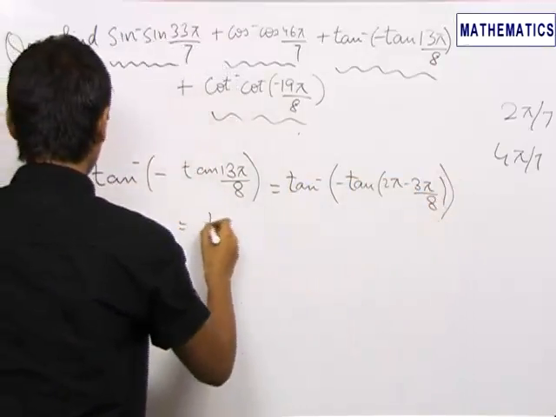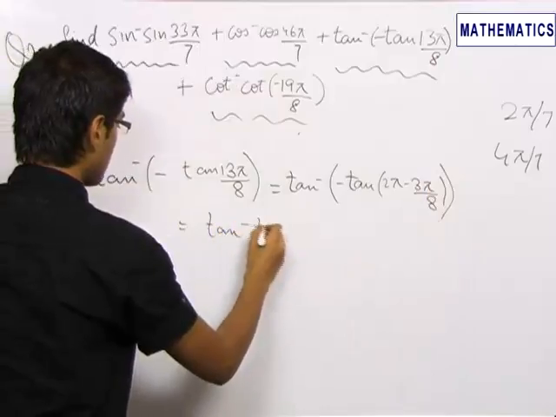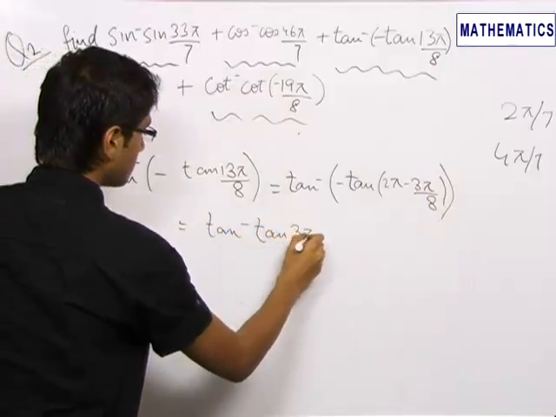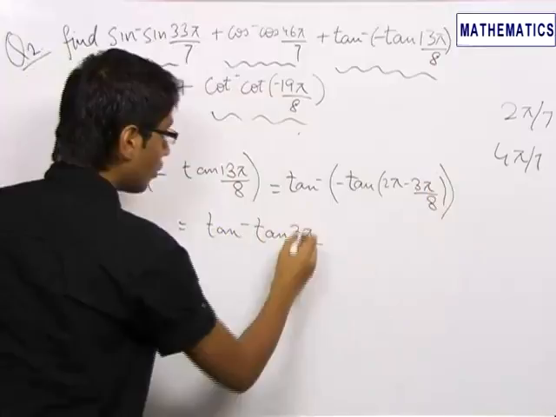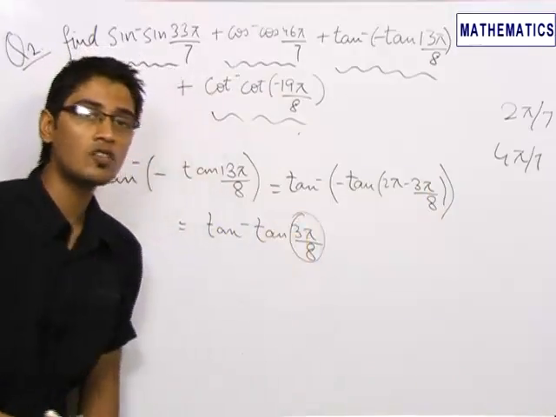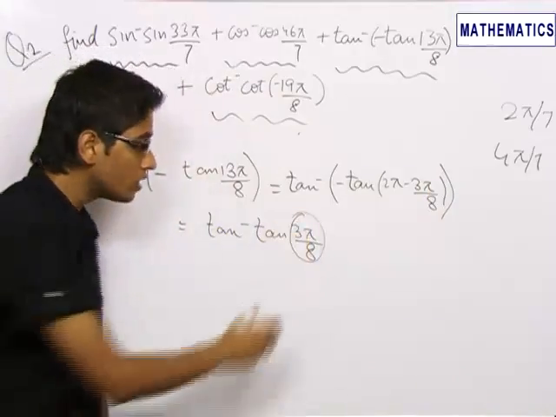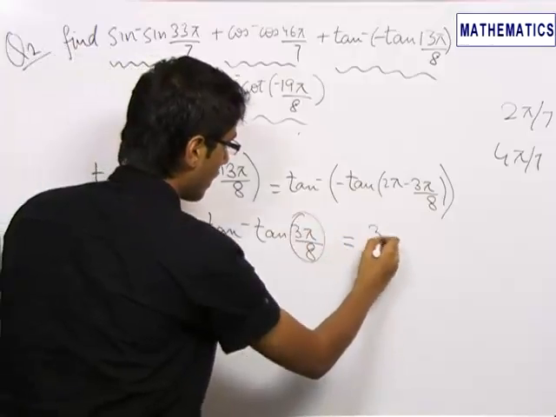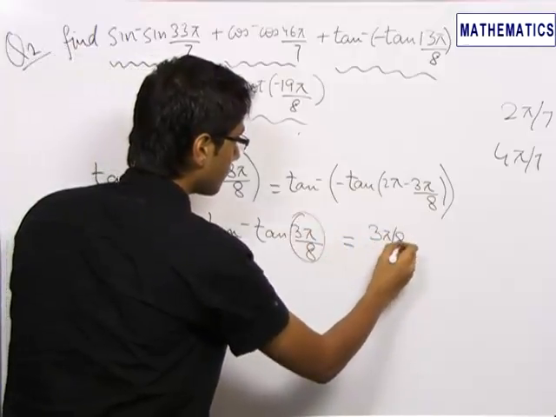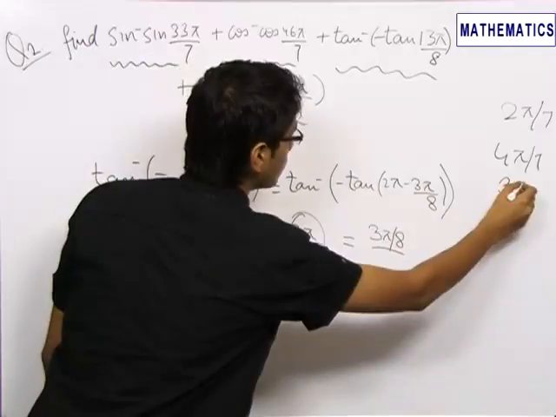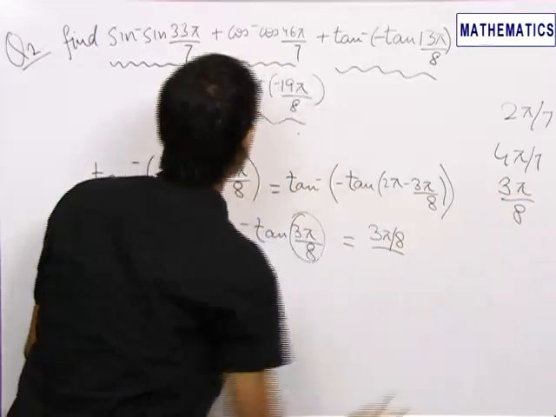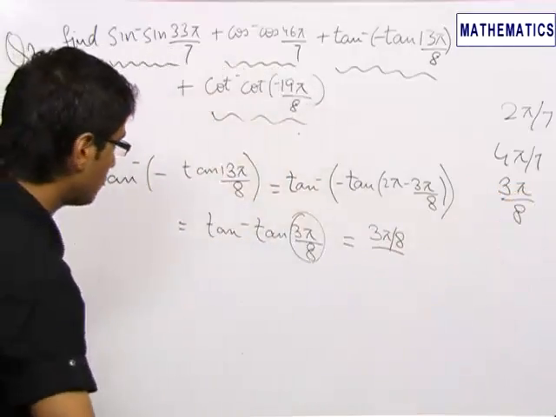This in turn is equal to tan inverse of tan 3 pi by 8. Now this value has come in the range of minus pi by 2 to pi by 2. So this can again come out of the tan function and become 3 pi by 8. So we have got the third value as well. Now we just need to find out the fourth value.